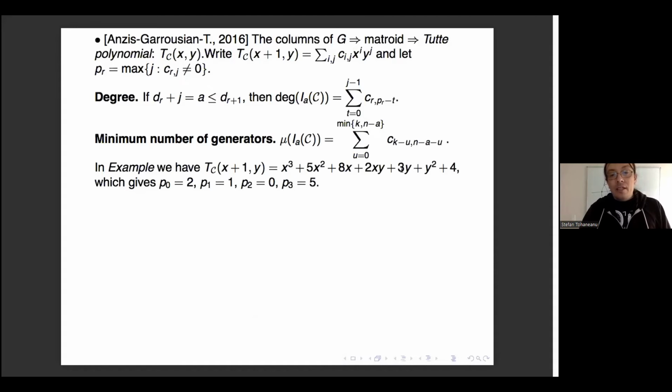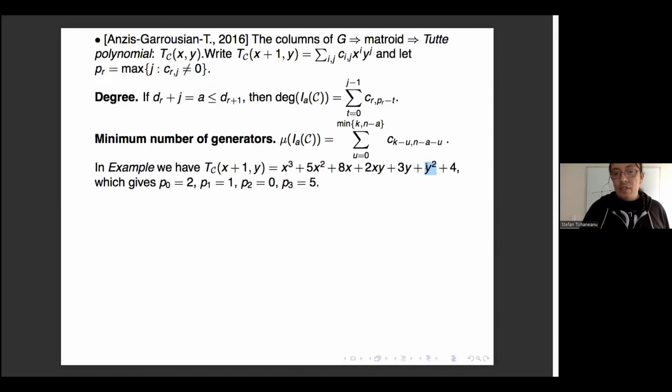So anyway, we got this, and then P0 is the maximum. Let's look here, the maximum j such that the coefficient of x to the 0, y to the j is different than 0.